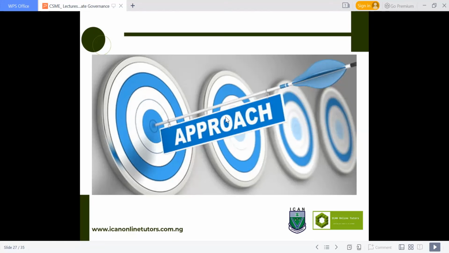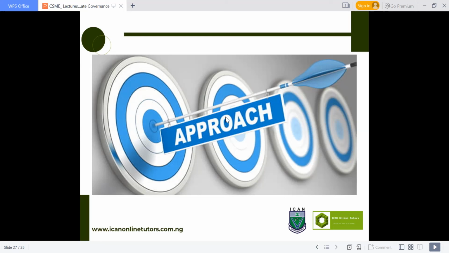So let me talk about this before we close: approaches to corporate governance. We have two approaches to corporate governance. We have what we call the principle-based approach, and we also have what we call the rule-based approach.